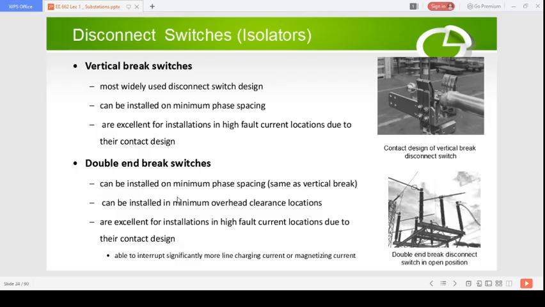Okay, so this can be installed in minimum overhead clearance locations, because it's not opening vertically, it's opening horizontally. These are also excellent for high fault current locations due to their contact design. They are able to interrupt significantly more line charging current or magnetizing current compared to the vertical brake switch.